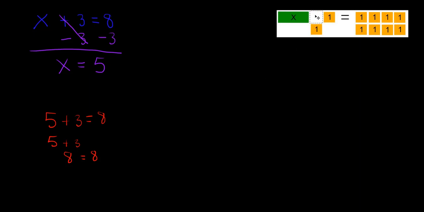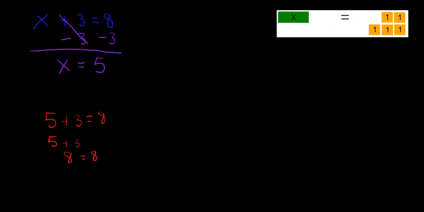As you can see, I'm going to take this one away. So that means I have to take this one away. If I take this one away, I have to take away this one. Then I'm going to take this last one away. So then on this side of the equation, I'm going to take this one away.